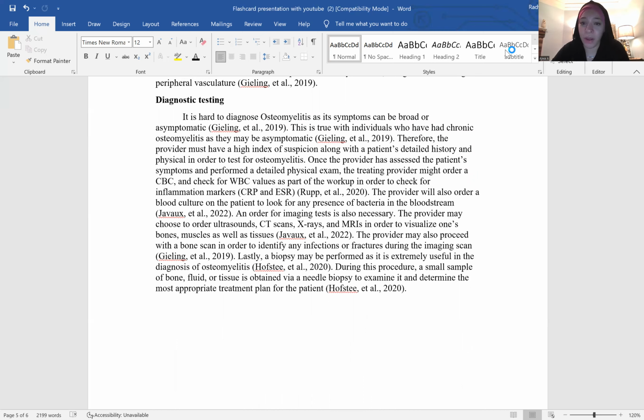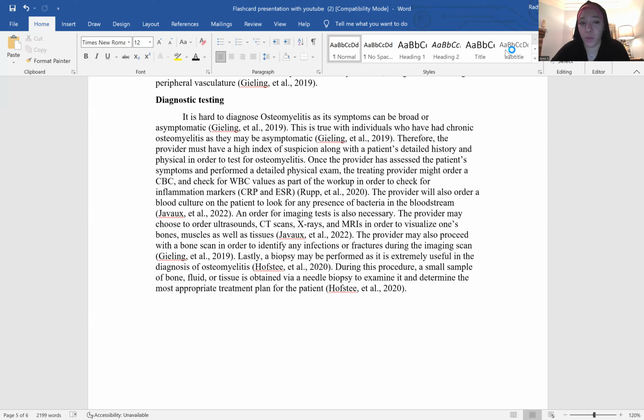Once the provider has assessed the patient's symptoms and performed a detailed physical exam, the treating provider must order a CBC and check for white blood count values as part of the workup in order to check for inflammation markers, such as CRP or ESR.